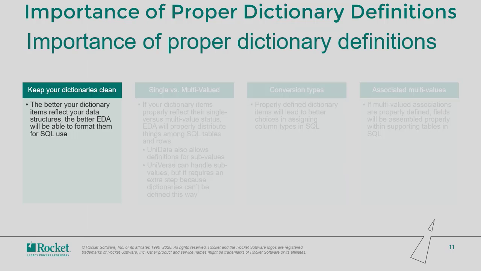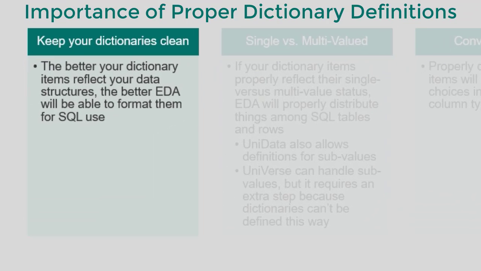So it's really important to have proper dictionary definitions. If your dictionaries are really clean and really well defined, you're going to have a pretty easy job mapping things for SQL. So you really want to keep your dictionaries clean. The better your items are, the better EDA will be able to make the right choices for mapping your files.